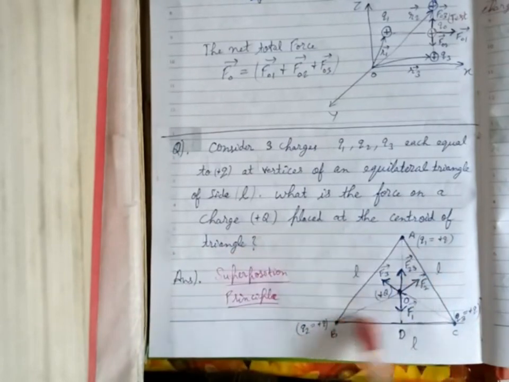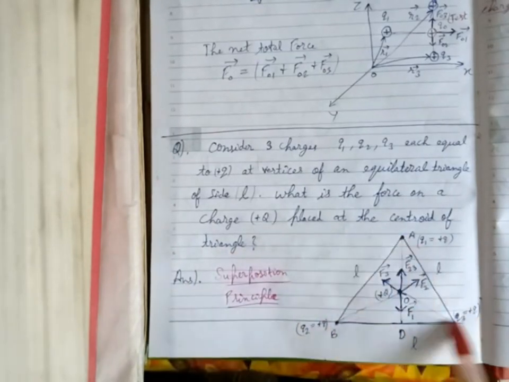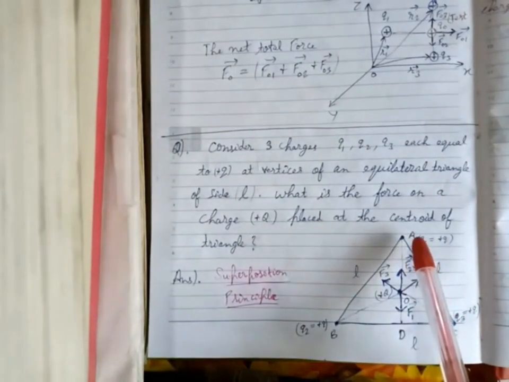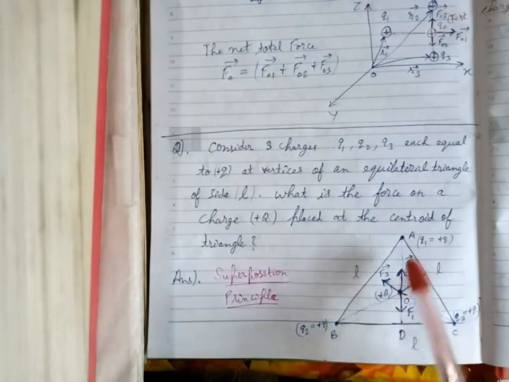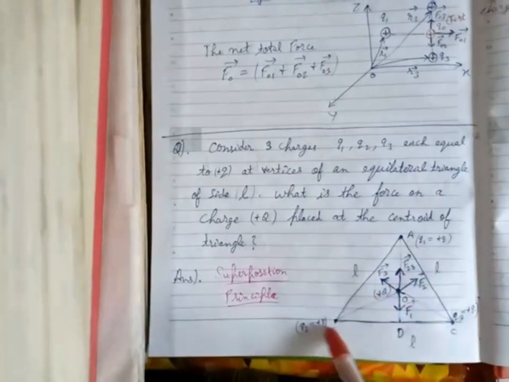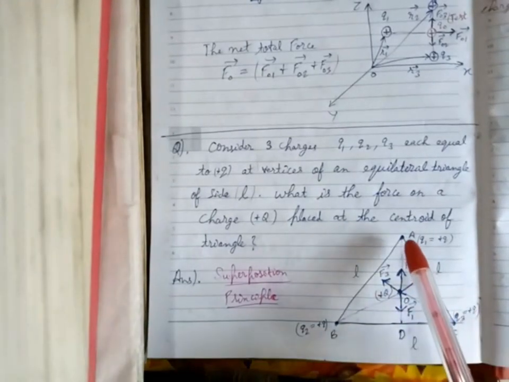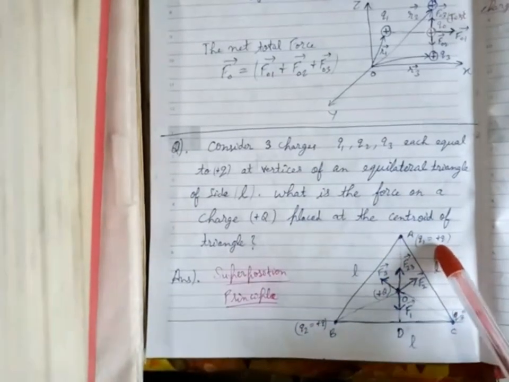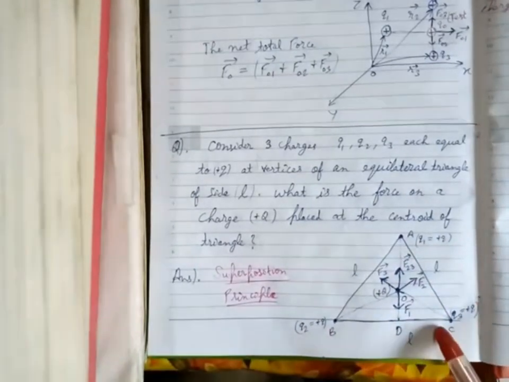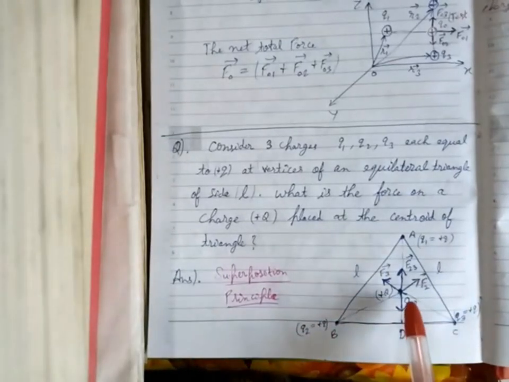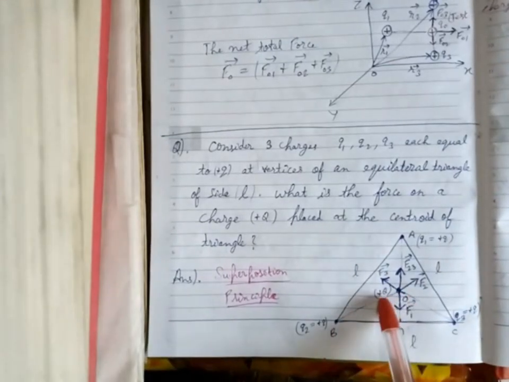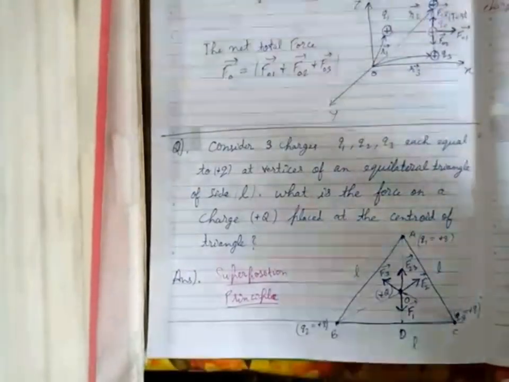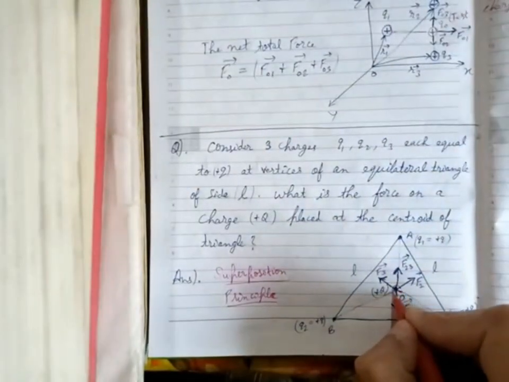So here the figure is given. This is an equilateral triangle, all the sides are equal, and here there are three charges which are placed, that is q1, q2 and q3 at points A, B and C, all having plus small q charge, and there is one charge, that is plus capital Q, which is placed here at the centroid.